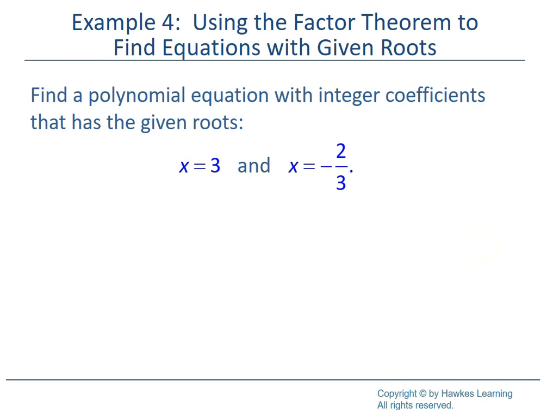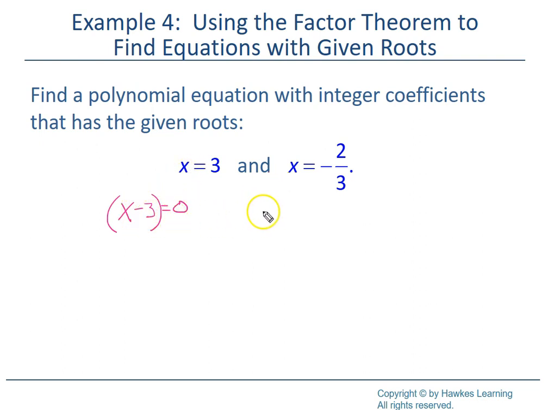Now, this is our last example, they're giving us the two solutions. What would the equation have been from this? Well, we'll start here. We know that this came from x minus 3 equals 0, right? We're going to bring that 3 over to this side as a negative 3.